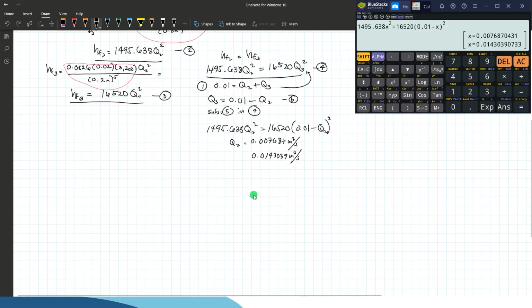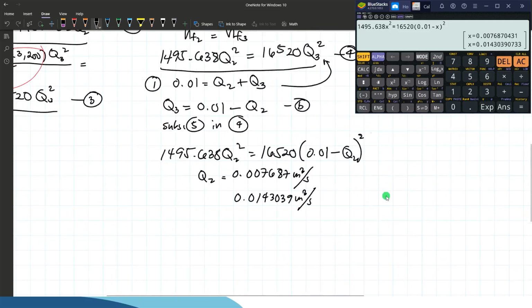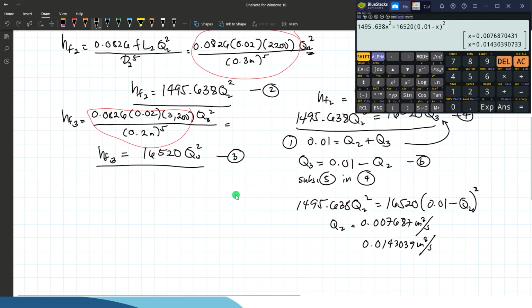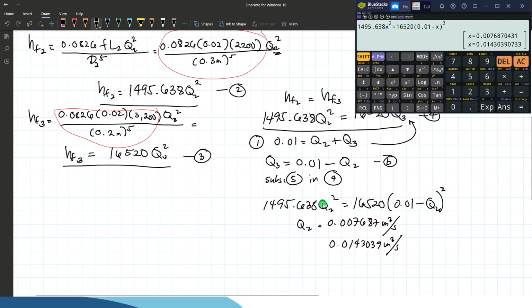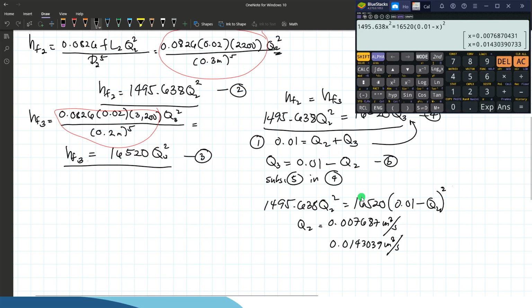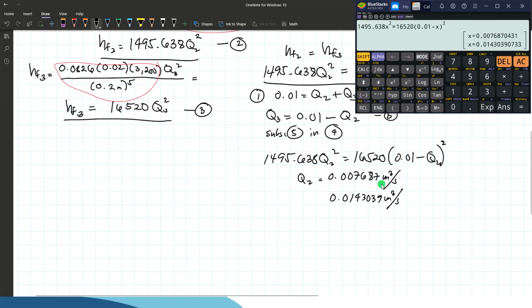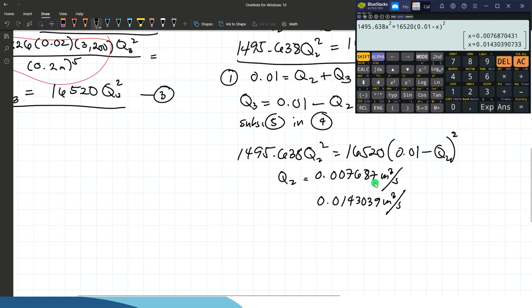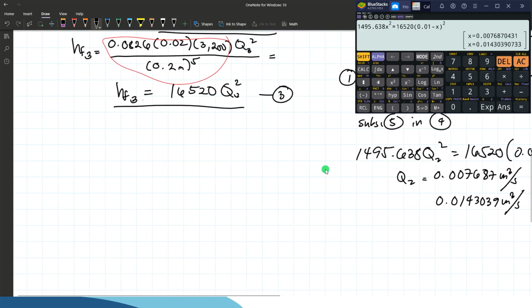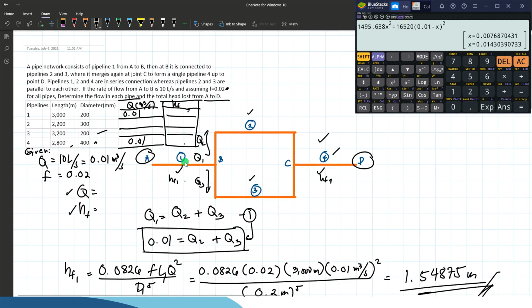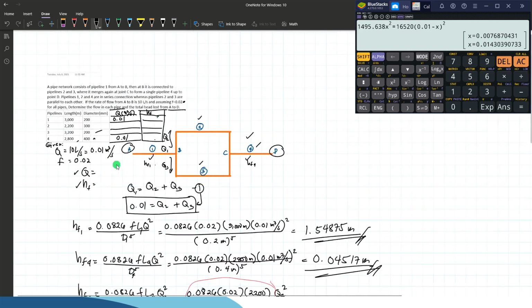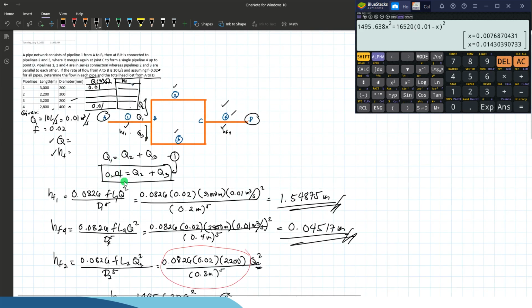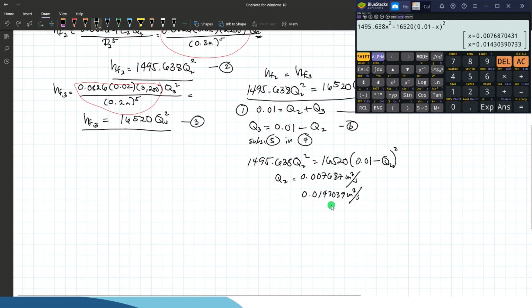Since we have a quadratic equation, because the variable is in the second degree, there are two possible answers. The most realistic answer should have a discharge that will not exceed the discharge at pipe number 1, Q1, which is 0.01 cubic meters per second.